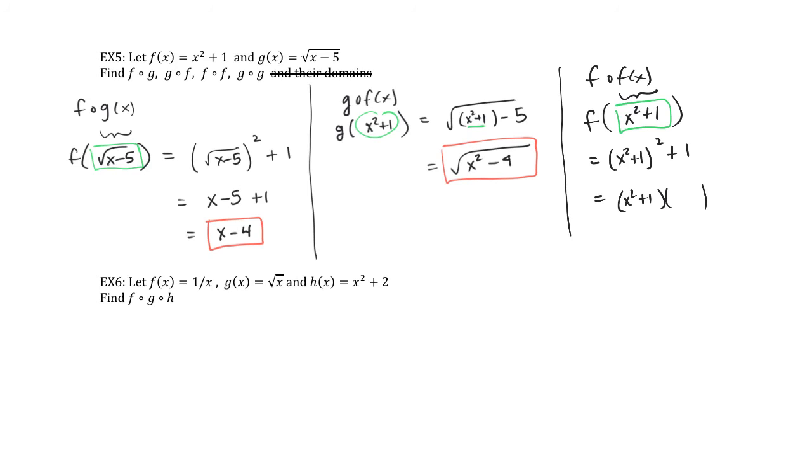We'll just FOIL it. I'd get x to the 4th plus x squared plus another x squared, so plus 2x squared, and then plus 1. And then we had plus 1 on the outside, so that simplifies to x to the 4th plus 2x squared plus 2.